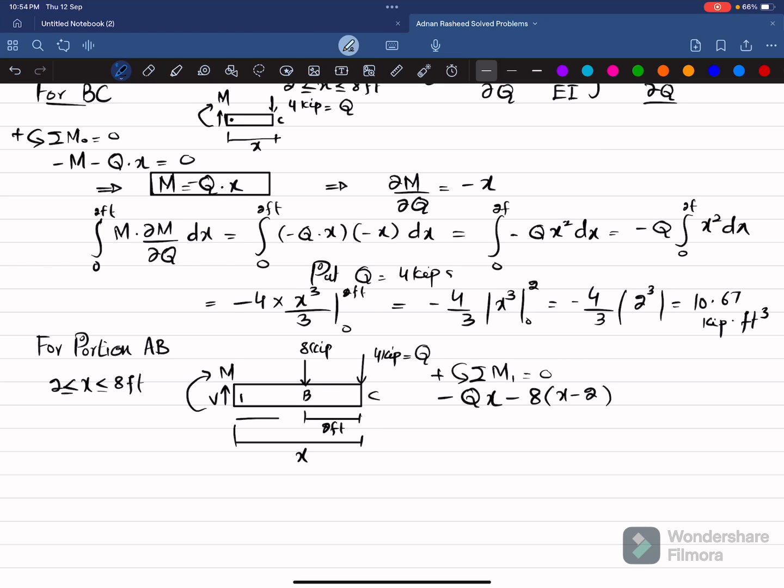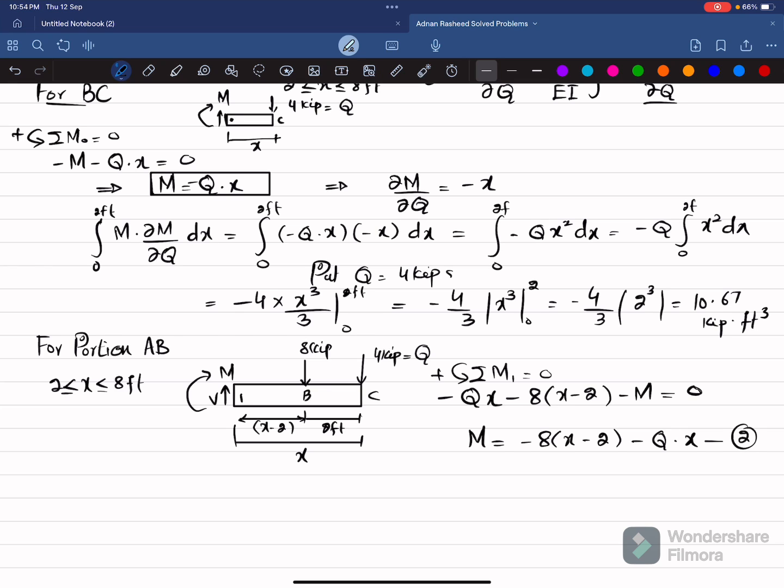This distance is x minus 2 feet. And the third moment is the reaction moment, and this is also clockwise, so minus M. Their sum must be equal to 0. So it means that this moment M will be equal to minus 8 into x minus 2 minus Q into x. This is your equation number 2.